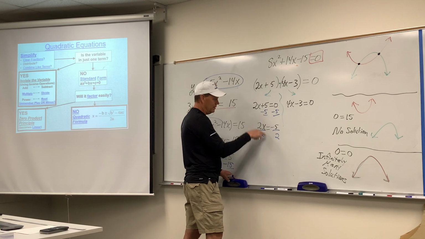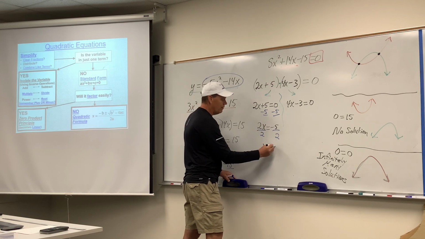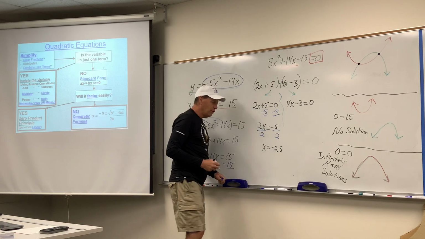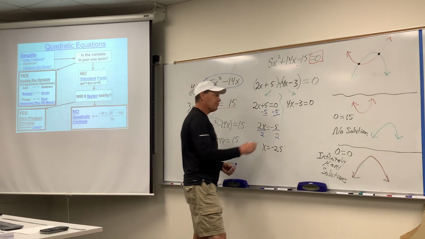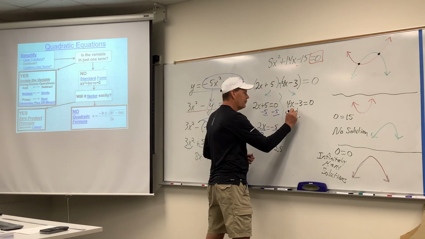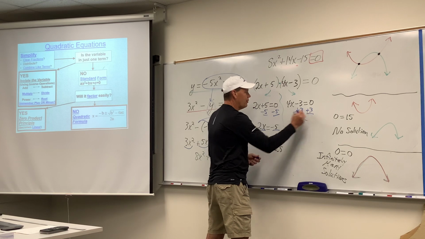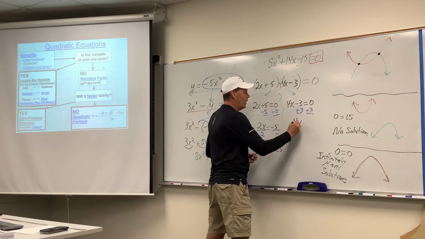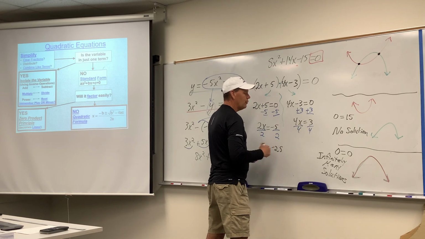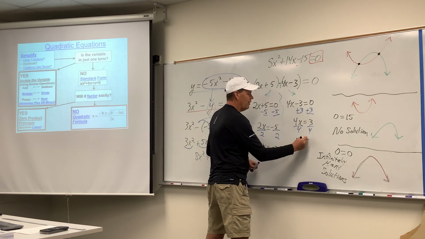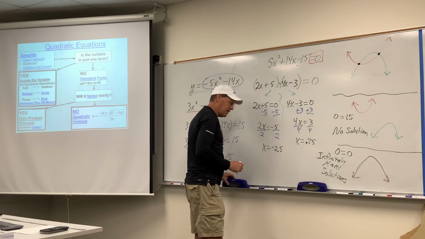Subtract that and divide, and this is negative 2.5. All right, so that's a value of x. And then, same thing, add the 3 over, 4x equals 3, divide by 4, 3/4 is 0.75, two different values of x.